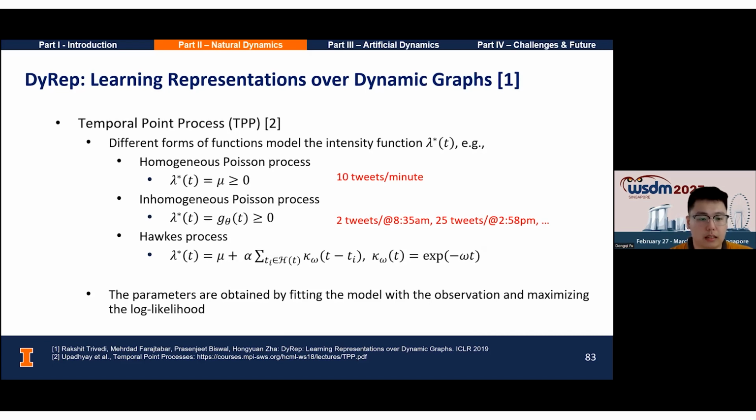You can understand that we have two tweets at maybe 8 o'clock in the morning and maybe 25 tweets in the afternoon. We also have another kind of inhomogeneous Poisson process called the Hawkes process, which is a little bit more complicated. The parameters of the intensity function lambda t can be obtained by fitting the model with observations in the real world and maximizing the log likelihood.